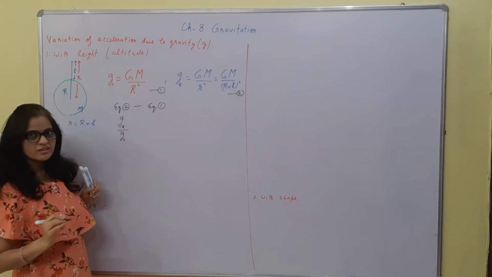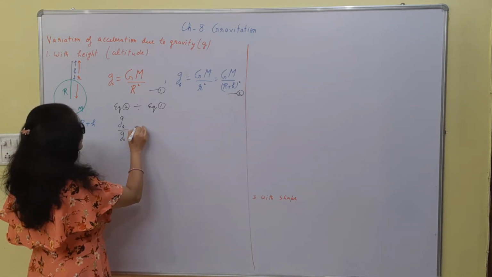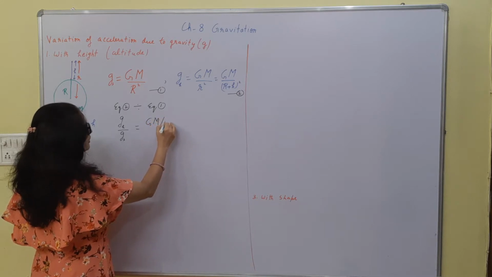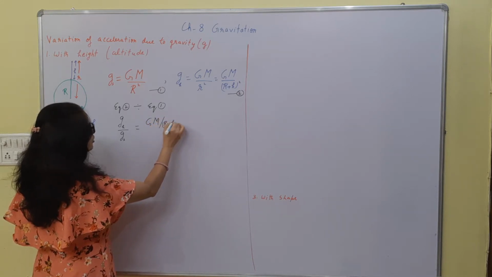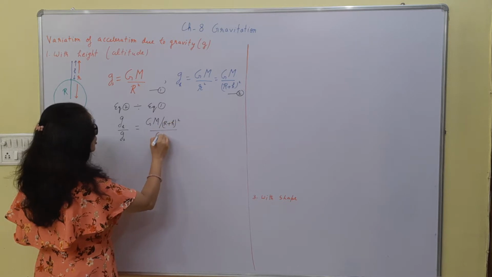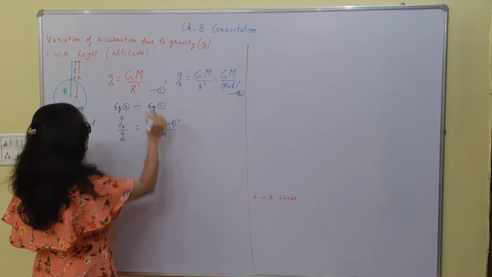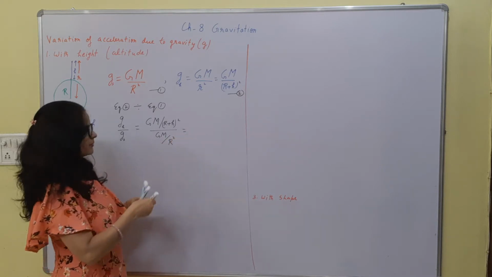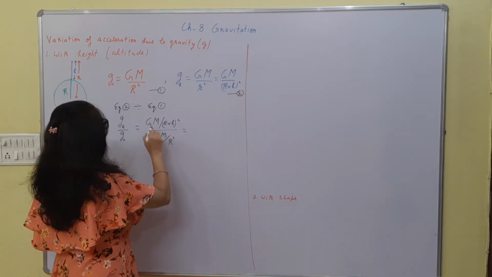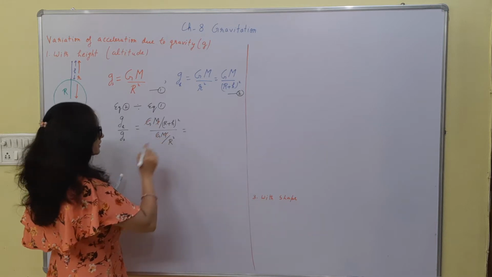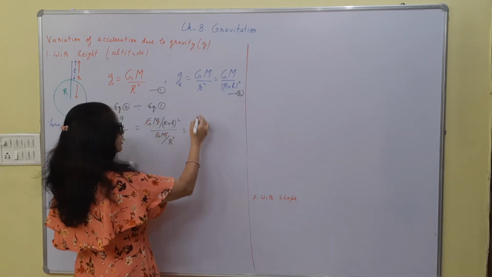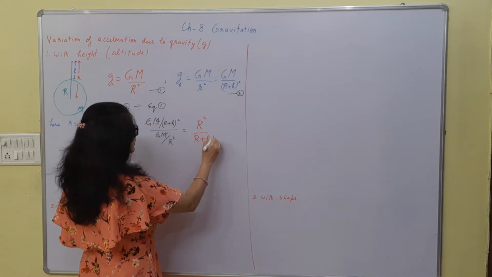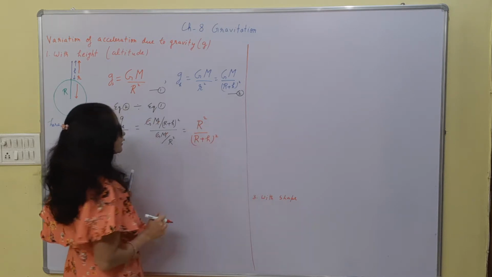This is gravitational acceleration at surface, and this will be equal to G M upon R plus h whole square upon G M upon capital R square. From here, G M will be cancelled and you will get, this will go up. So this will be 1 upon R plus h square into R square.